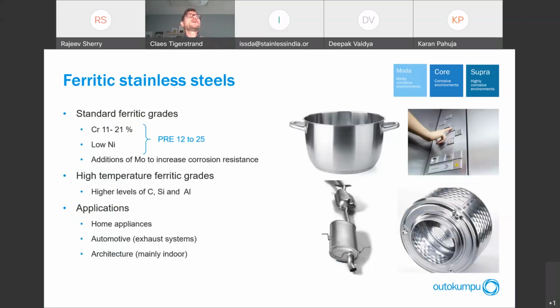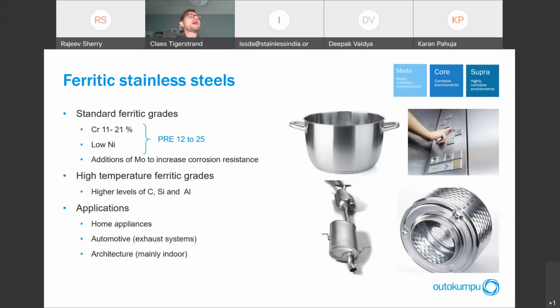So if we start with the ferritic stainless steels, you can see up in the right corner that you actually have ferritic grades within all the product ranges within the classic family. So you have ferritic grades in Moda, Core, and Supra. But most of them are actually in the Moda and are suitable for mildly corrosive environments.